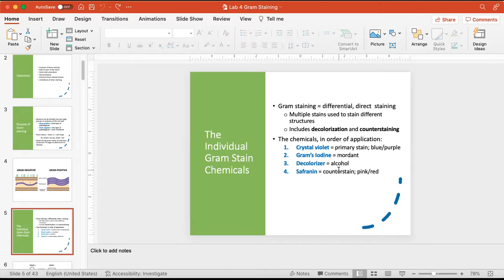Safranin is our counterstain. It produces this vivid pink-red color in any cell that is unstained. So it's going to turn our gram-negative cells pink-red, while our gram-positive cells remain blue-purple.